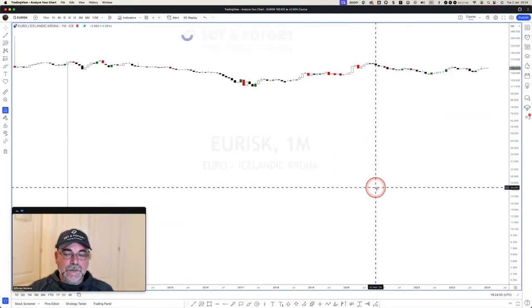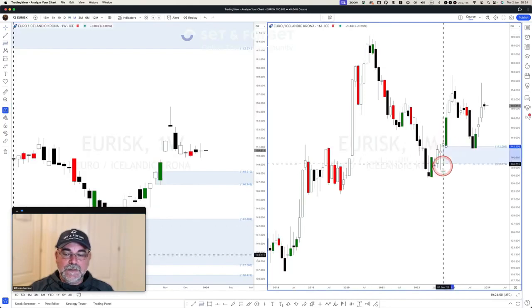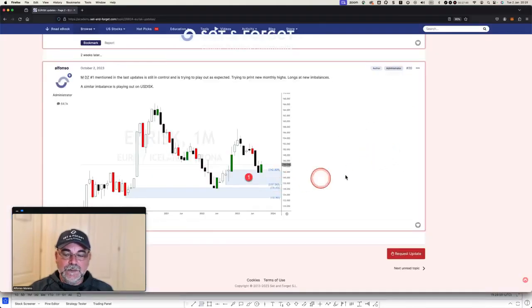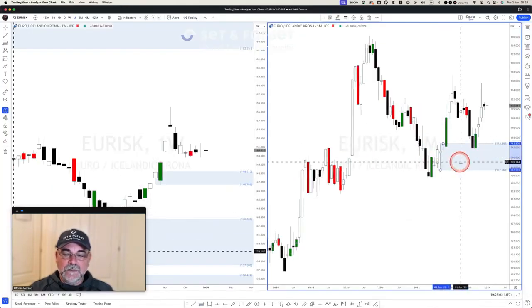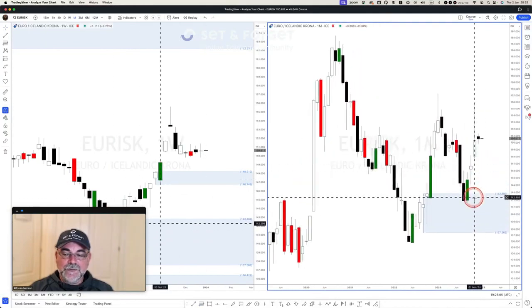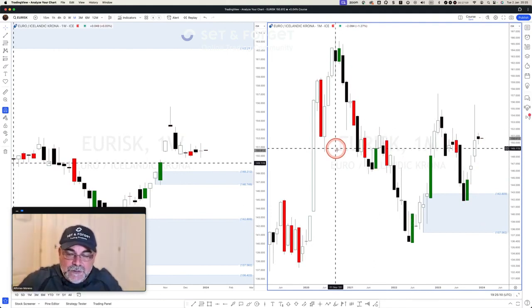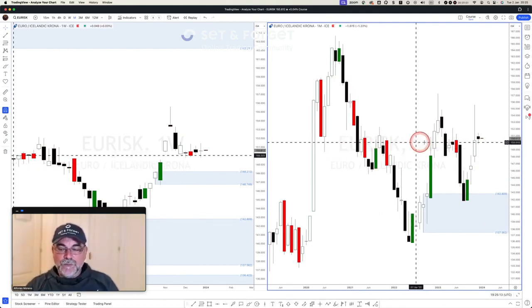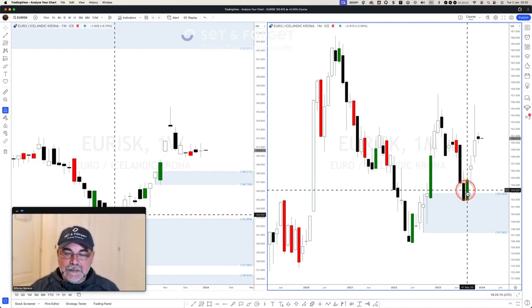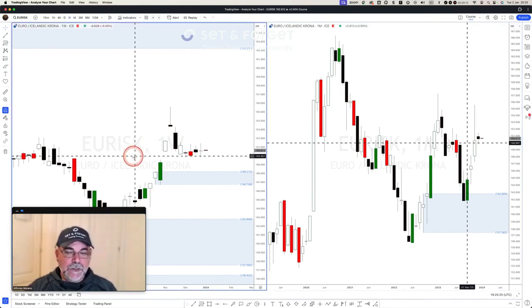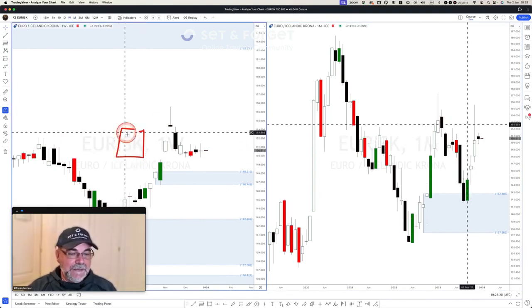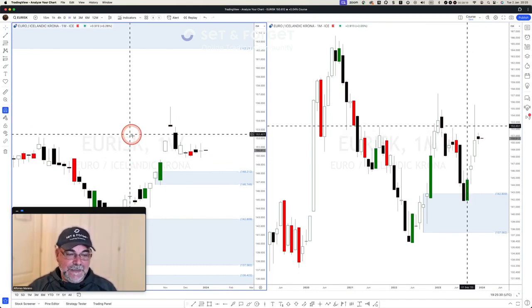So here, as you will see, that's the monthly demand level we are talking about, okay, over there. So since that level was reached, look what happened. So this was mentioned months before price even got down there. I didn't take into consideration any announcement, any GDP or interest rates for the Euro Central Bank or the Icelandic Central Bank, if there is any, I'm not sure.